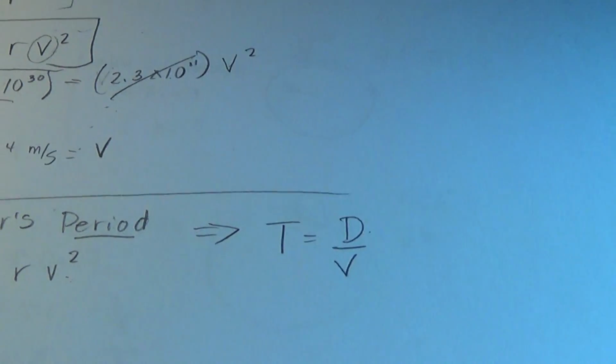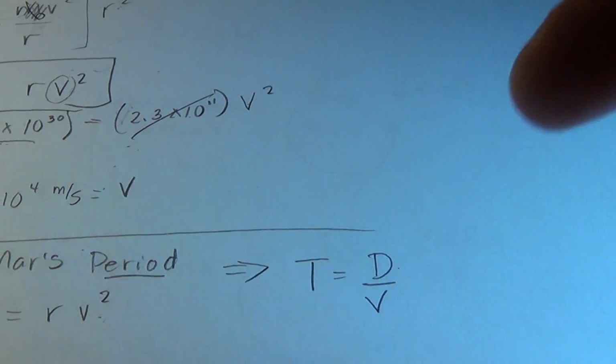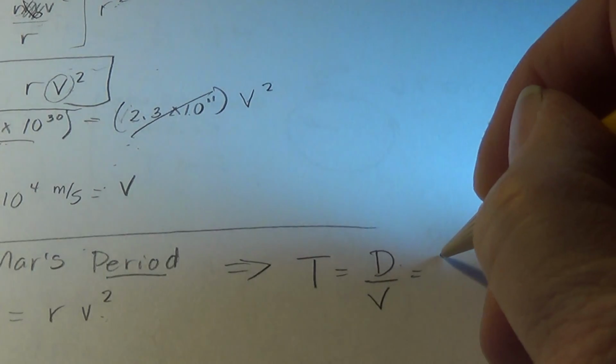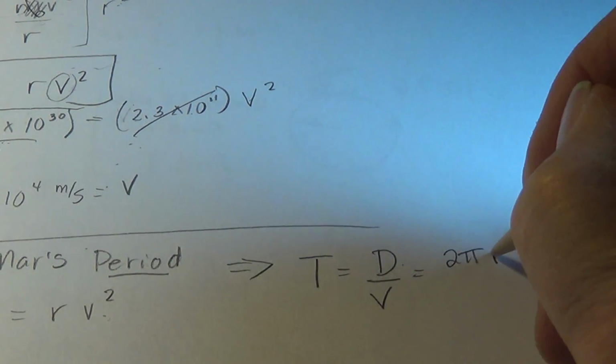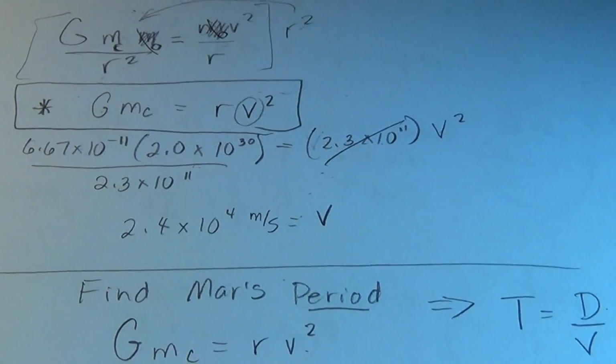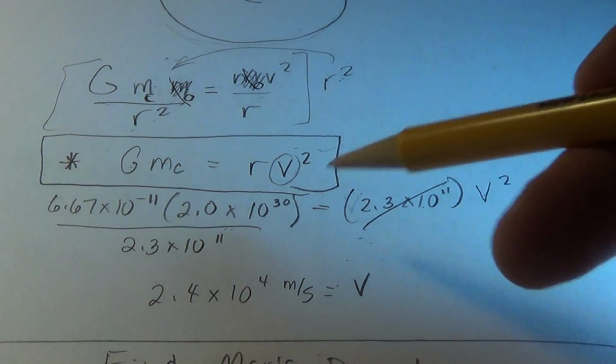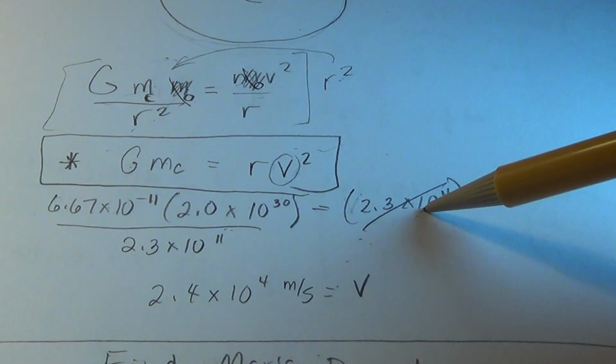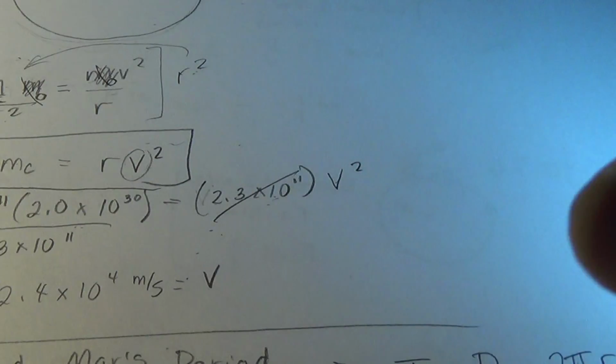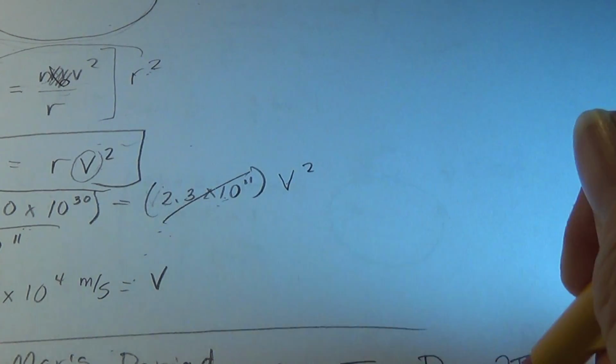So the distance around wasn't given. So we'll have to do 2 pi r. And when we get to r, the radius was given. Up here we actually used it right there. So it was 2.3 times 10 to the 11th.